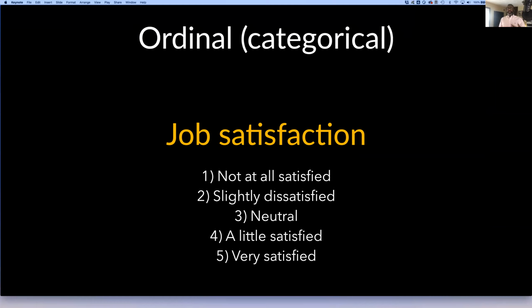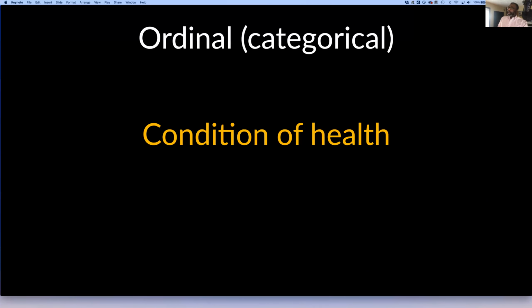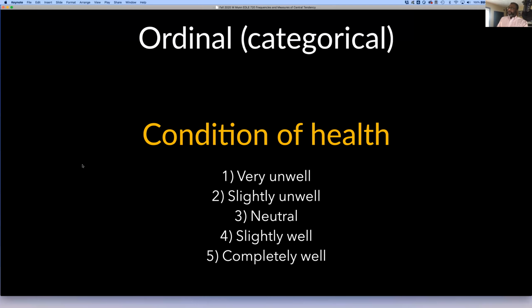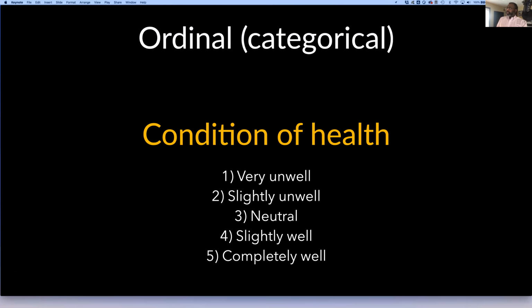And then when we're talking about scales in this situation, it would be considered a Likert scale. Condition of health, very unwell, slightly unwell, neutral, slightly well, completely well. And you guys can sort of see how this would look on a survey, right?